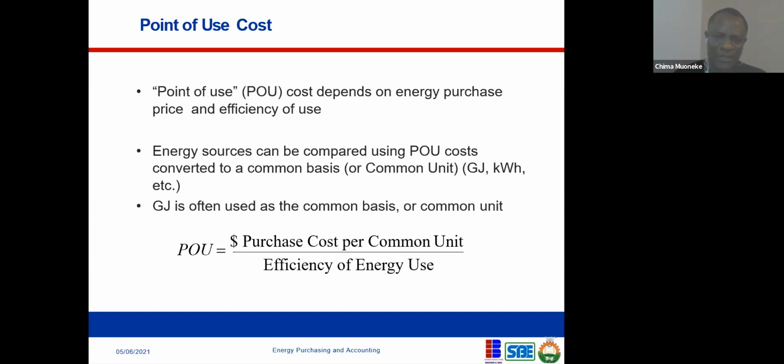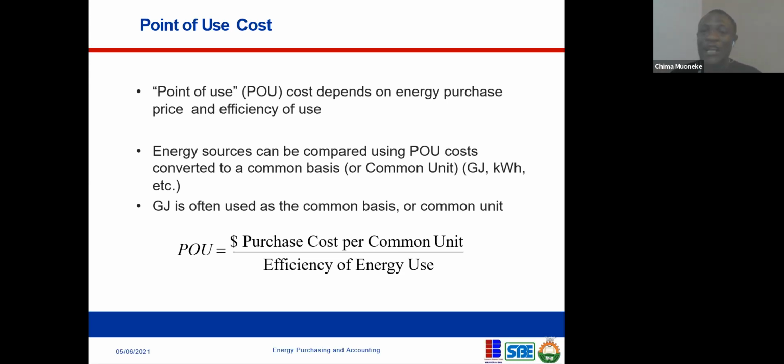Exactly. So now, energy sources can be compared using point of use cost, converted to a common base or common unit. And this is where the importance of that energy conversion that we just did comes in. For you to compare the gas and the coal, you must bring both of them to a common unit. In most cases, it's usually in gigajoule.